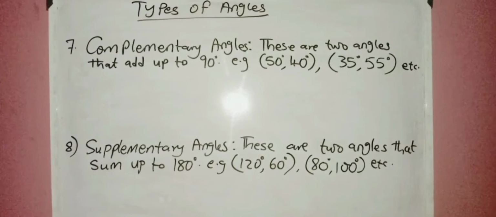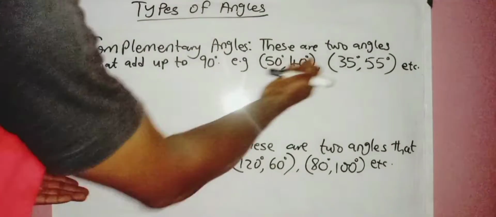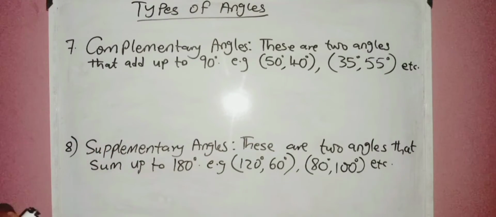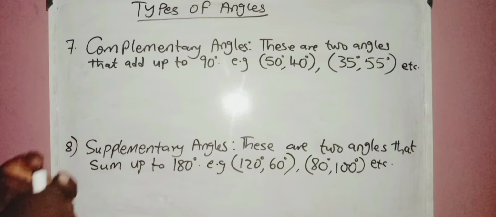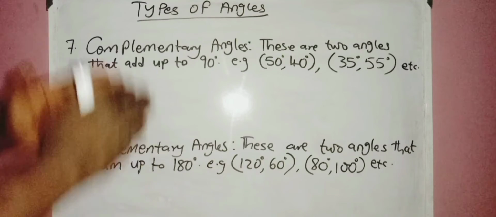Before we begin calculation on angles, let's look at some other types of angles. We have what we call the complementary angles. Complementary angles, we say that these are two angles that add up to 90 degrees, or that sum up to 90 degrees. When you have two angles that sum up to 90 degrees, the two angles are said to be what?